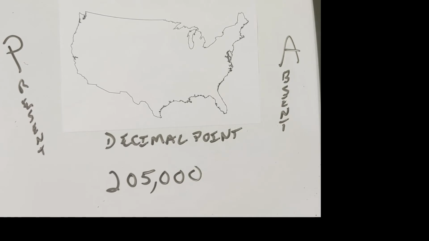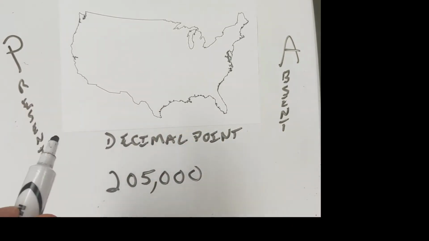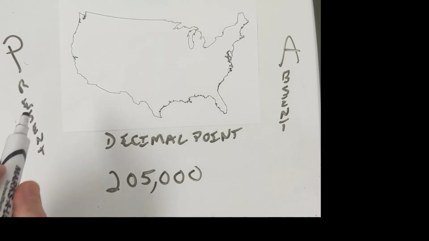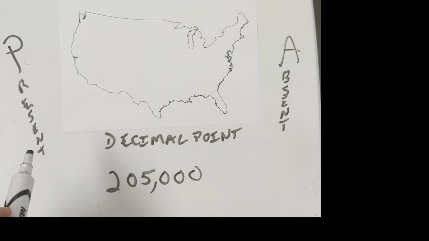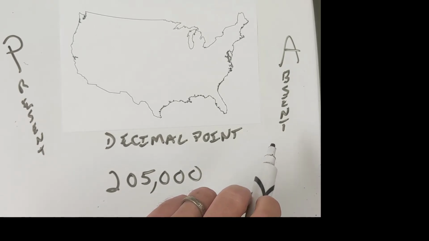So here's the Pacific Atlantic rule way of doing this. If the decimal point is present, we would start counting with the first non-zero number on the left, which is where the Pacific is. Since the decimal point is absent, we're going to start on the right, where the Atlantic is, and we're going to move across the number and start counting when we get to something that's not a 0.